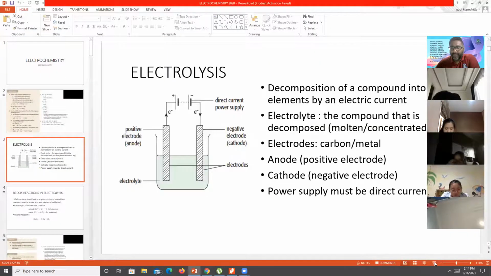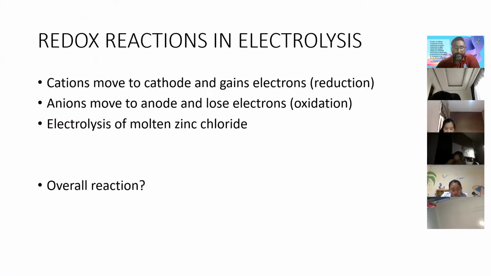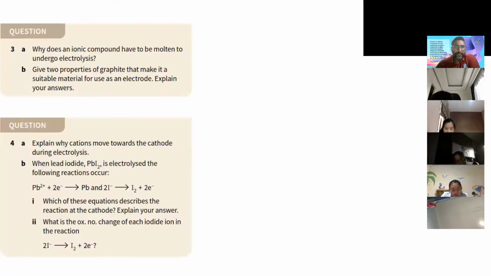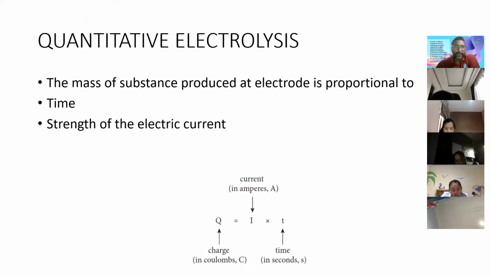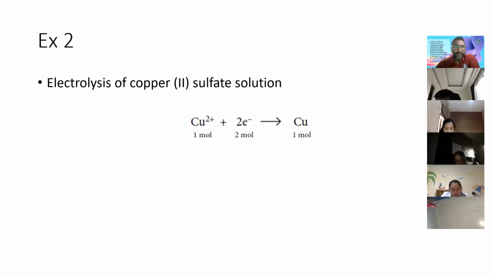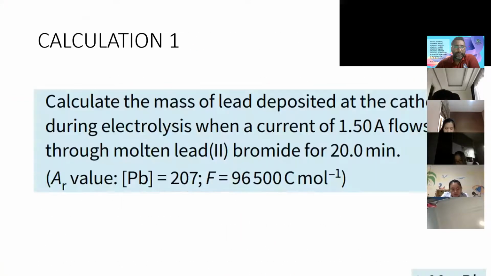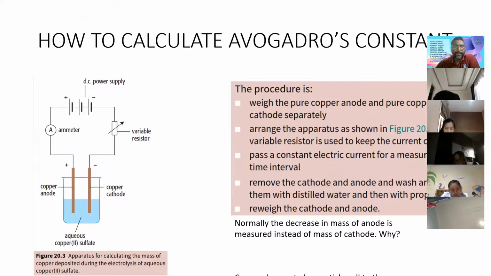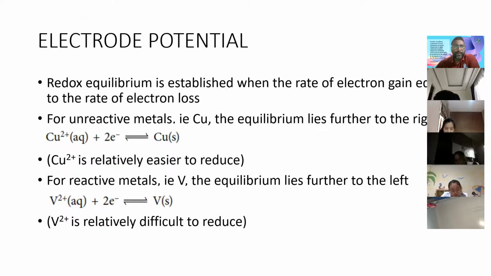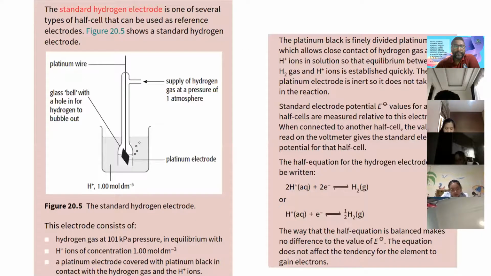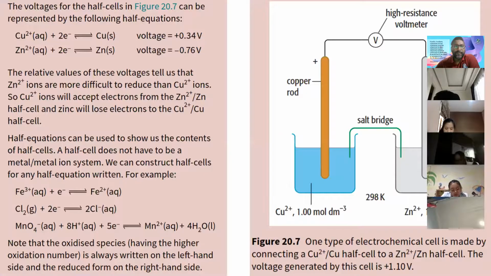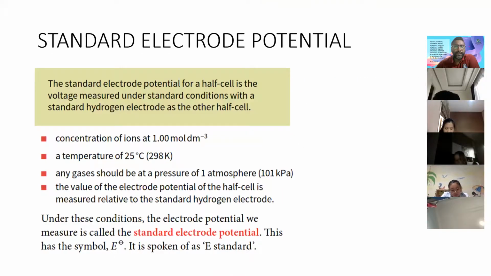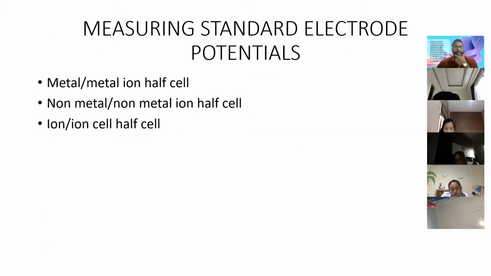Okay, this is what we learned last time. So metal, metal ion, non-metal and non-metal ion, ion and ion.